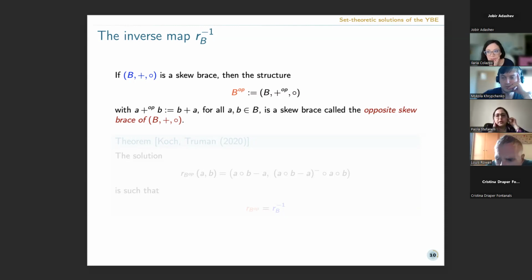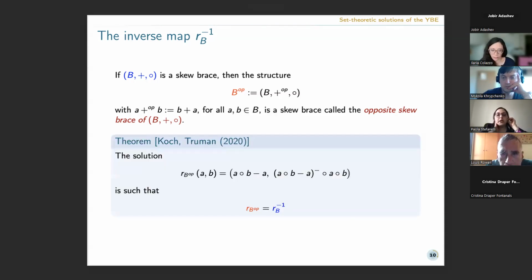This is called the opposite skew brace of (B, +, ∘). And Koch and Truman showed that the solution associated to this opposite skew brace coincides exactly with the inverse of the solution associated to the skew brace B.